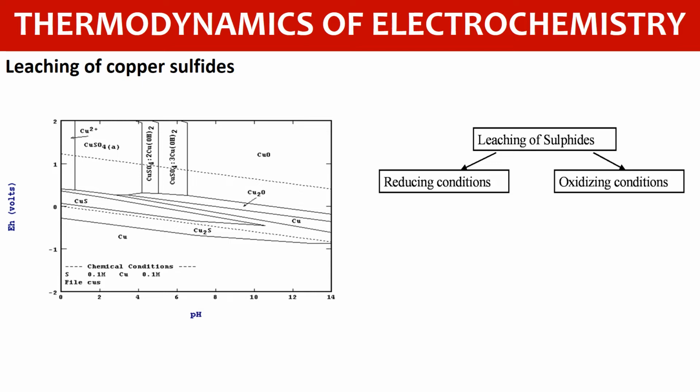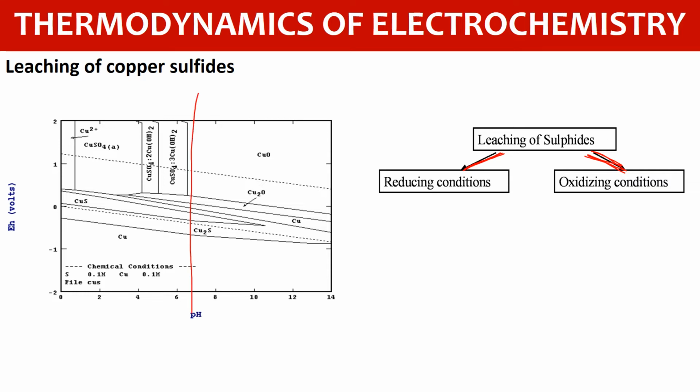So here is the Eh-pH diagram of your copper, and you want to decide, for your copper sulfide ore, which is the most conducive route for processing. Using this Eh-pH diagram on your left, you can now decide which route you want to go. First of all, you can choose to go with reducing conditions or oxidizing conditions.